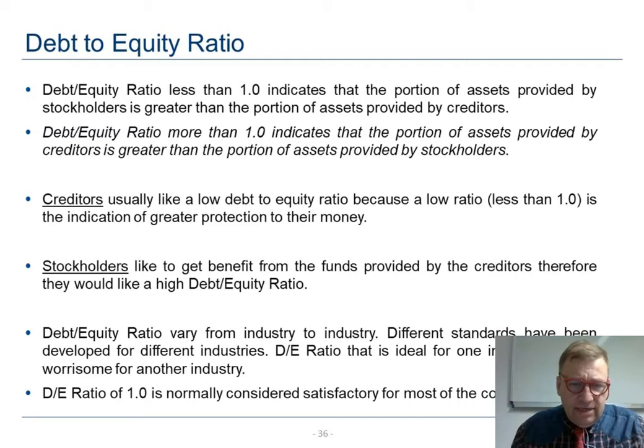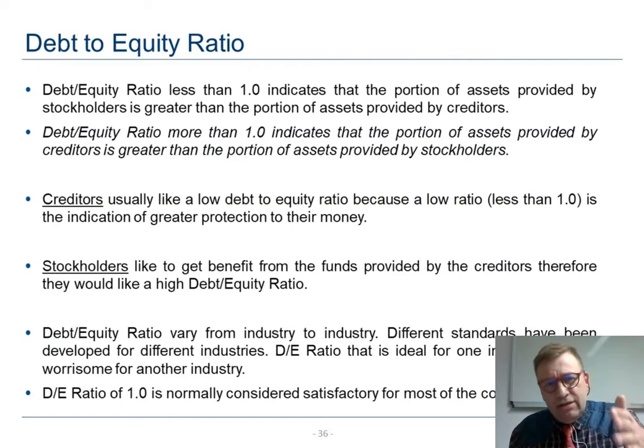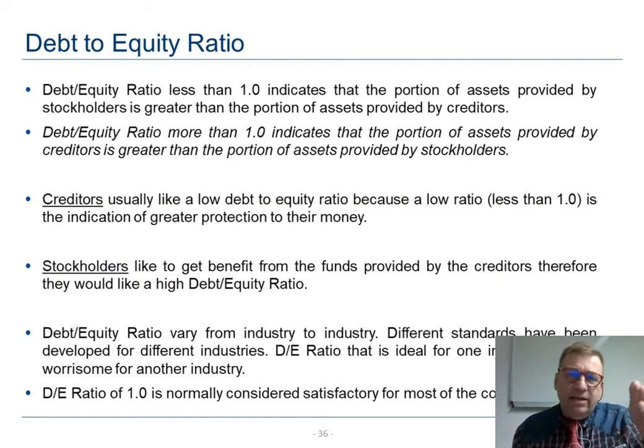And of course, as I said, this debt equity ratio may vary from industry to industry. And you have to remember that every industry, every branch of the business, every activity has its more or less acceptable rate of debt to equity.